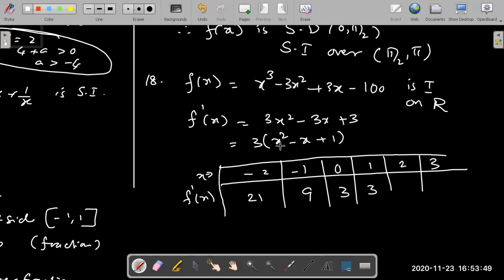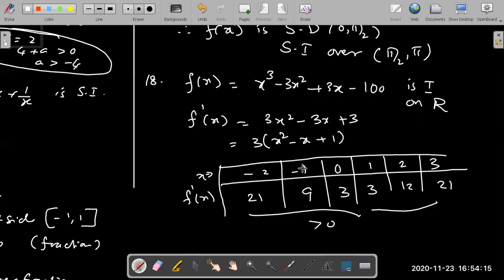Then you give 2, 4 minus 2, which is 2, 2 plus 1, which is 3, 3 times 3, which is 9. You give 3, then you have 9 minus 3, 6, plus 1, 7, 3 times 7 is 21. See, it is going only to something like 21, 9 and all, but still for all the values it is greater than 0.